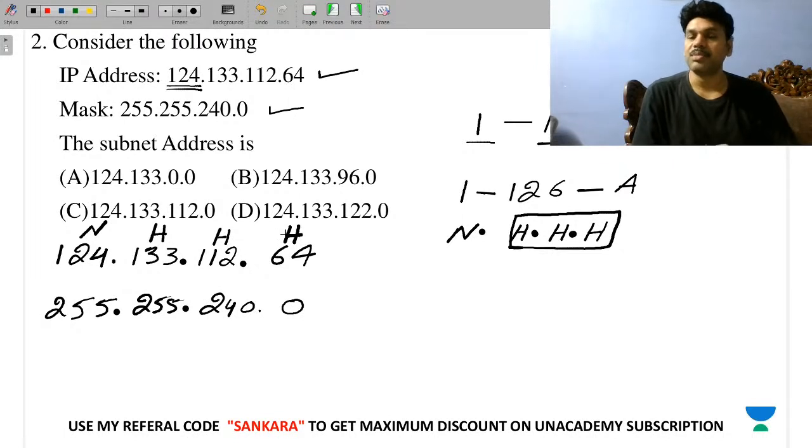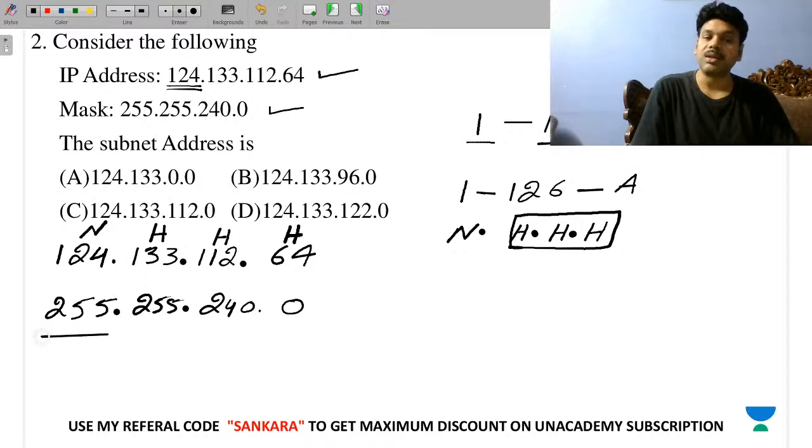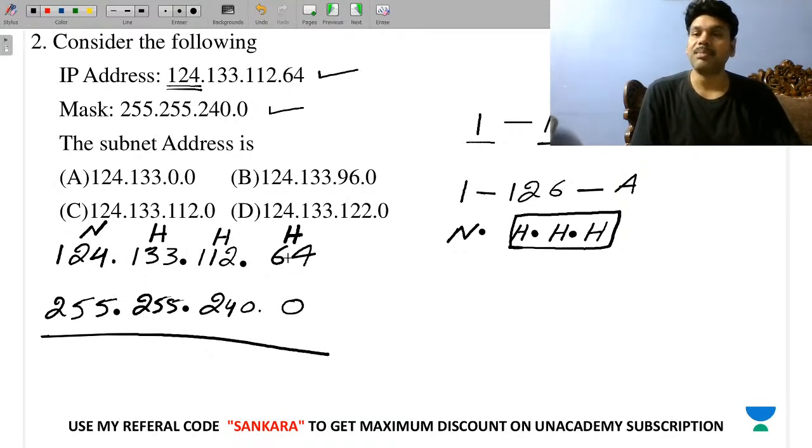Now from this we would like to calculate the subnet ID. The calculation of the subnet ID is nothing but doing an AND operation between your network ID part and host ID part. But here you need not consider the network ID part because the network ID part is not going to be disturbed.